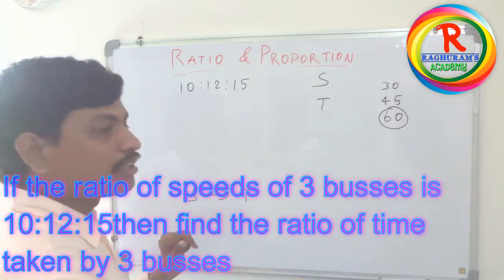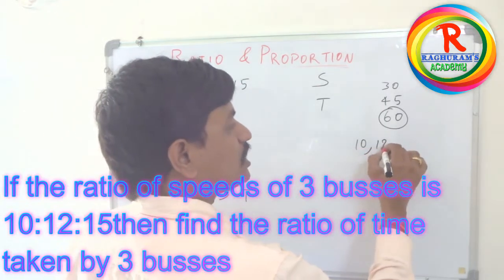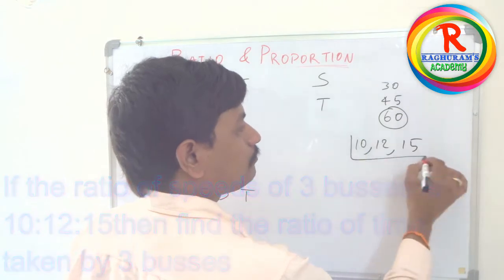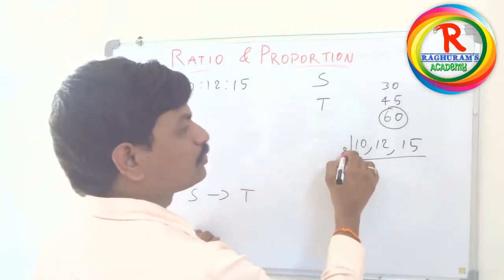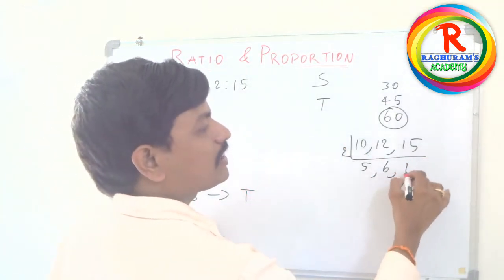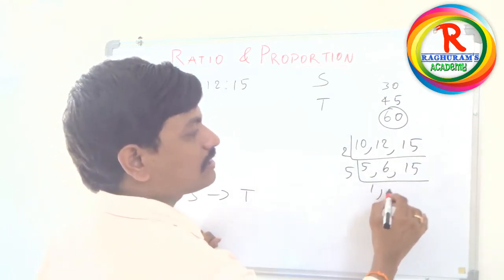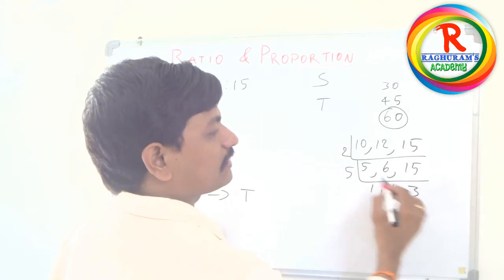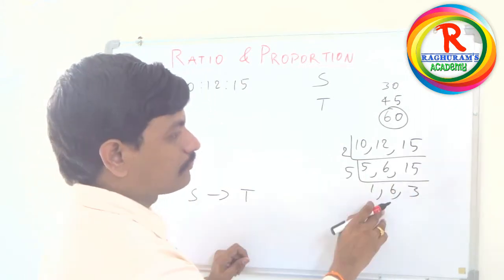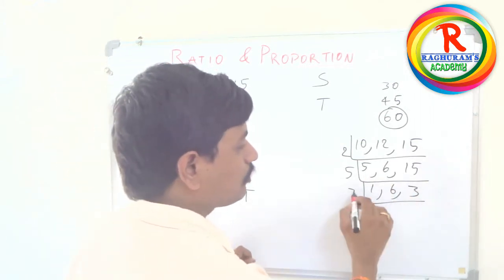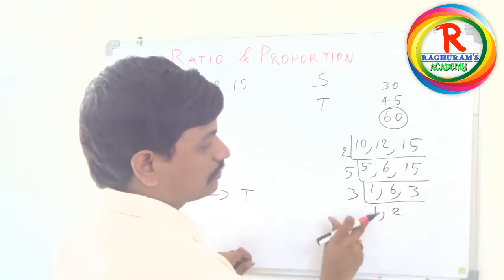Otherwise we can do the normal method: 10, 12, 15. I'll take the least number 2. 2 5s are 10, 2 6s are 12, 15 is not divisible. And I'll take 5: 5 1s, 5 6 is not divisible, 5 3s are 15. Next, 3 1s, 3 2s.